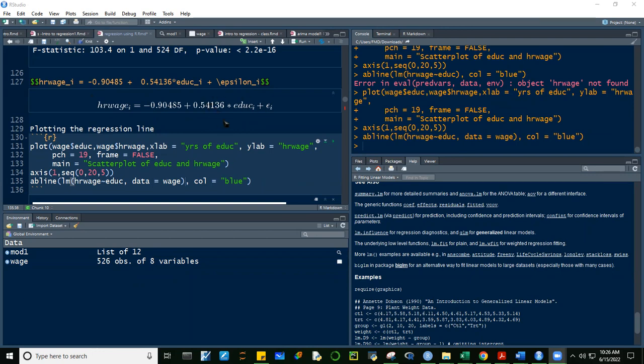Yun ang ibig sabihin, guys, ng slope natin. 0.54 means for every 1 year increase in education, there's a corresponding 54 centavos increase in your hourly wage. Okay?